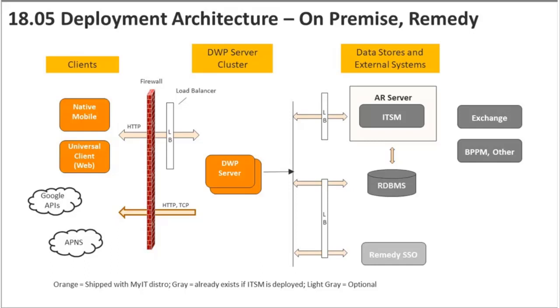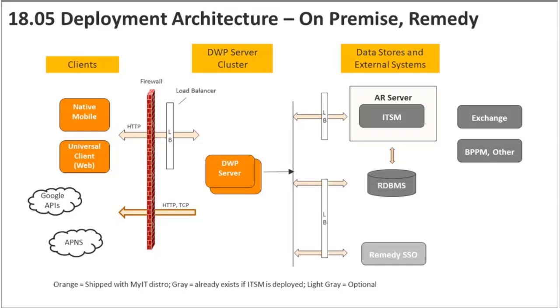And here on the digital workplace server, you see only digital workplace server and no Smart IT. So along with removing Mongo database, we have also separated digital workplace and Smart IT as two separate products, so that it is easy for customers to manage and maintain.